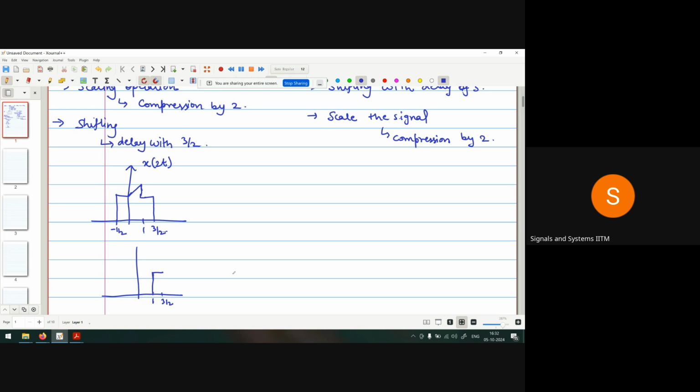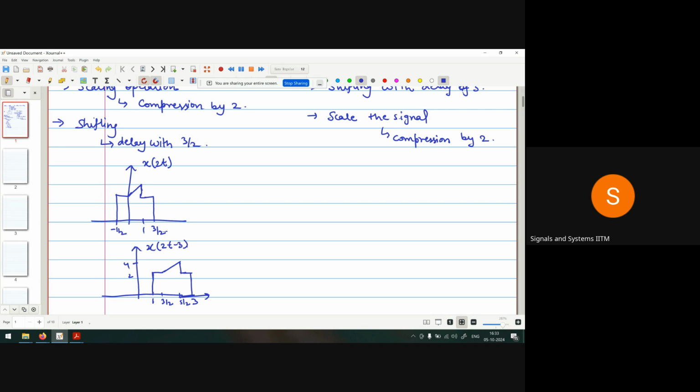Then 1 becomes 5 by 2. And then 3 by 2 plus 3 by 2 becomes 3. This is my x of 2t minus 3.